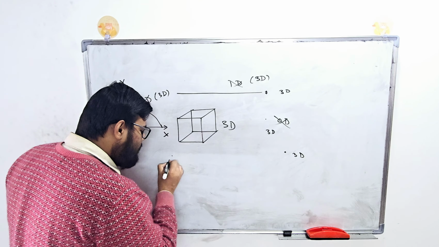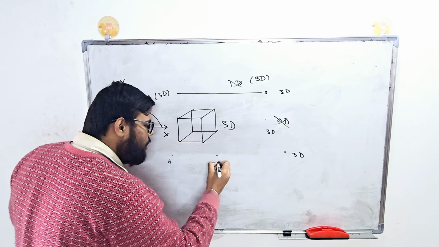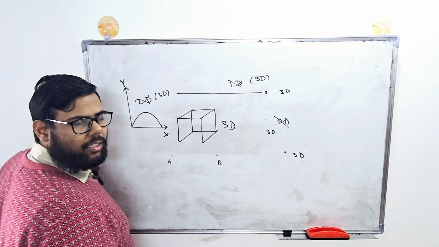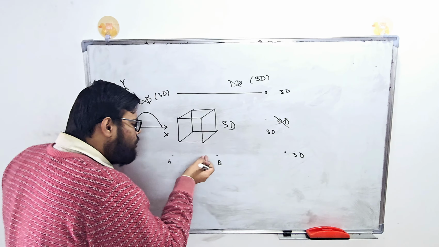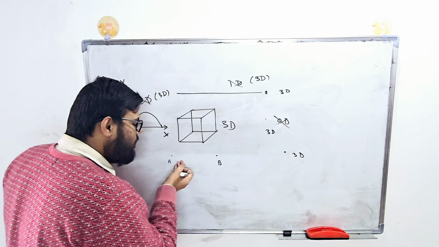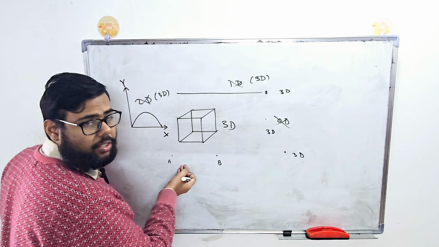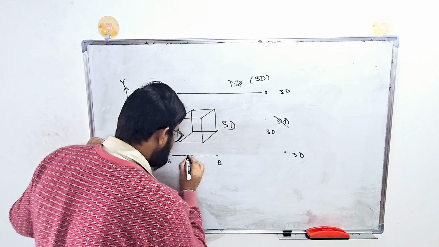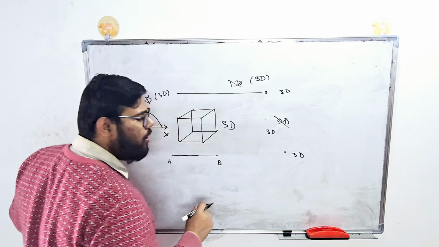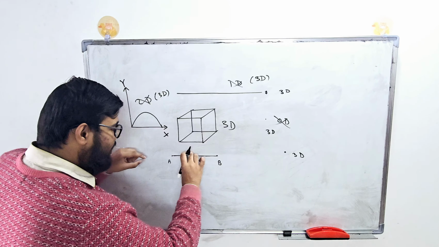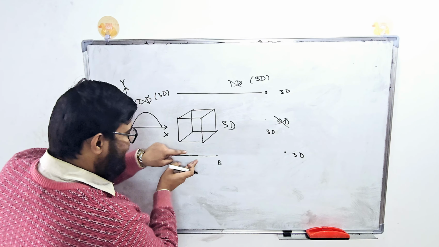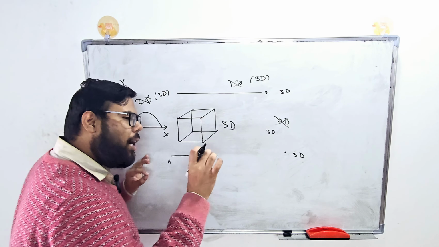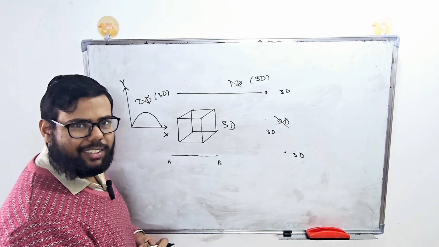From here, suppose this is A, to some point B, and any line joining these two points, these two 0 dimensional locations, is called a 1D. Of course it is still not 1D, it is still 3D, but to make you visualize, I will be drawing it like this.